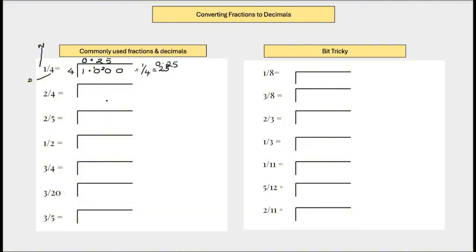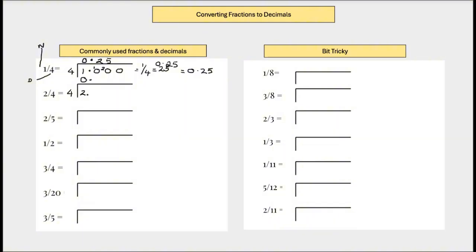So if you don't know how to use a bus stop method, I have actually got a video on it. I know some people think that's a bit bonkers, but I have, and it will show you, because not everybody knows how to do these things. Next, we do the same. Our denominator is 4, and numerator is 2. So we've got 4 into 2 does not go.